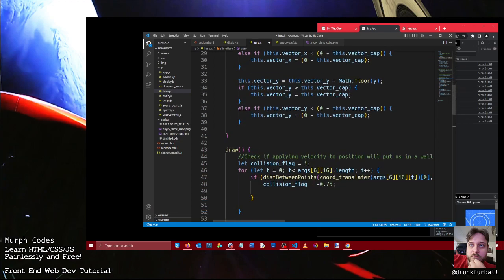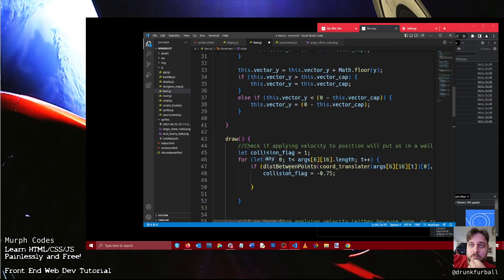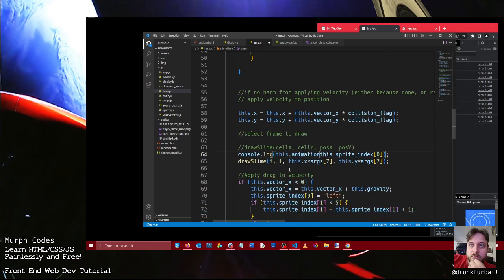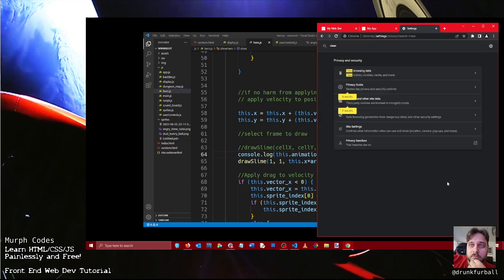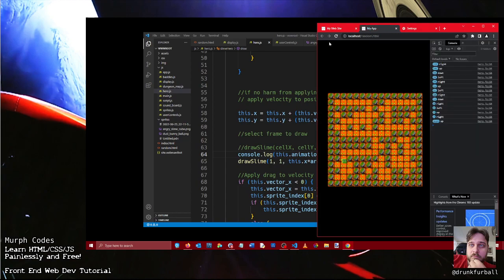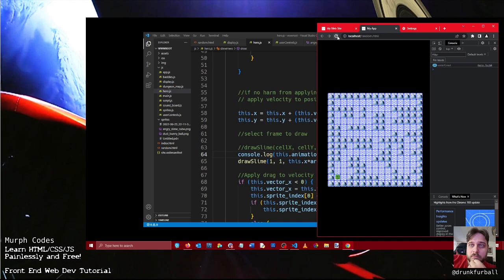Okay, animation. Undefined. What? Why is it undefined?